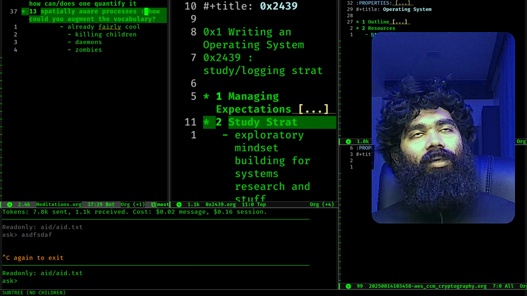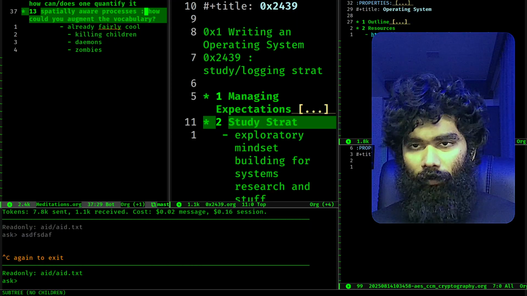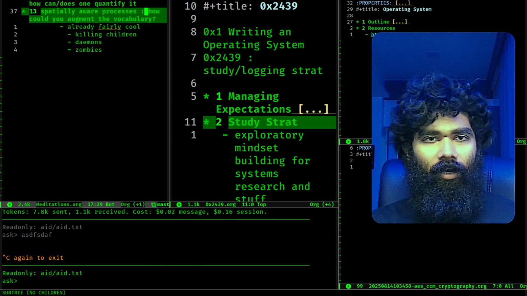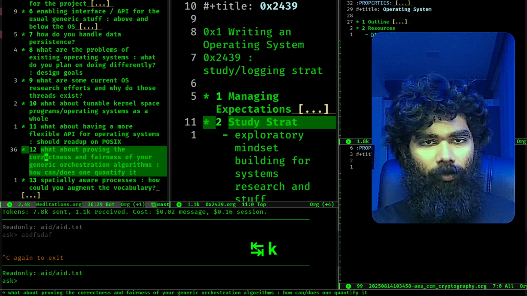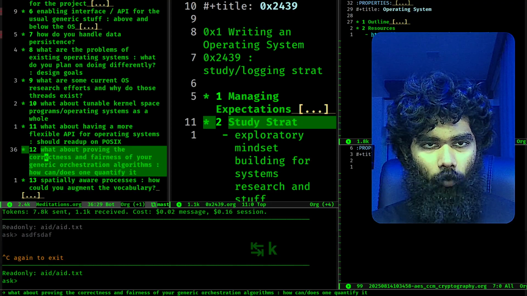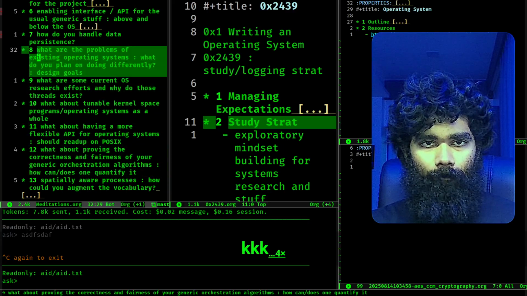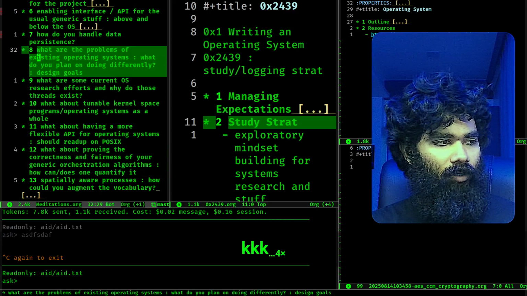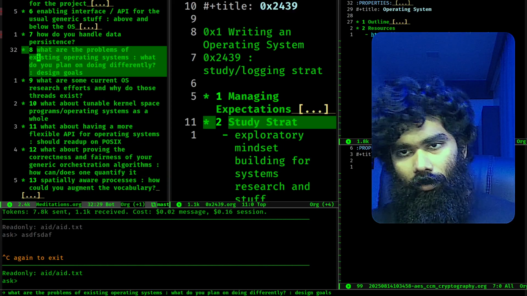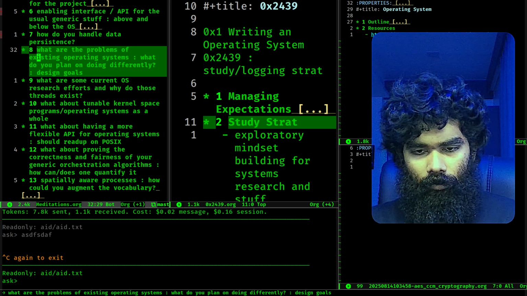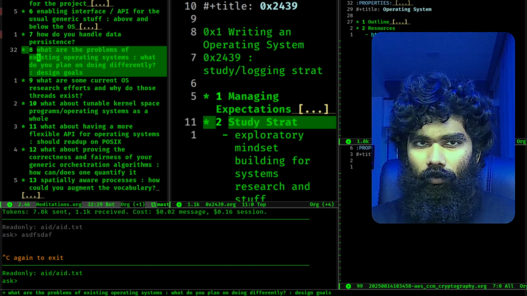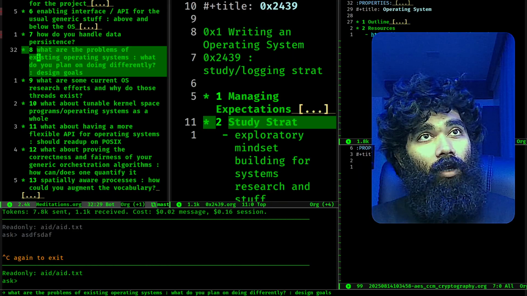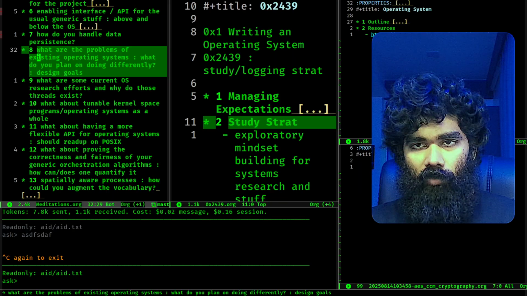It's already pretty cool: there's killing children, there's demons, there's zombies, there's all sorts of stuff. So there's this opportunity to think in so many ways right now. What is the existing accepted stuff that has already permeated? I don't know if that's the word. It's already there everywhere. Let's just stick to simple words.